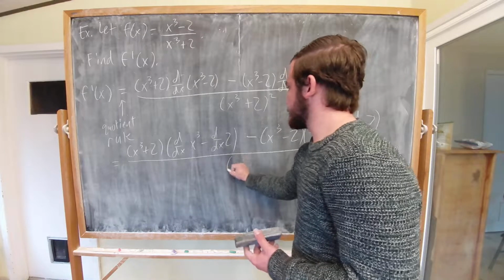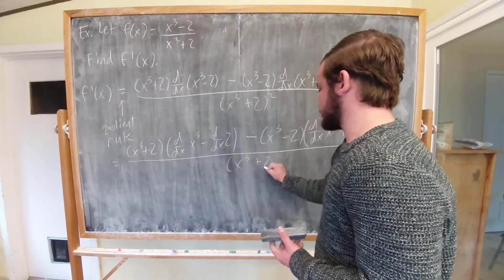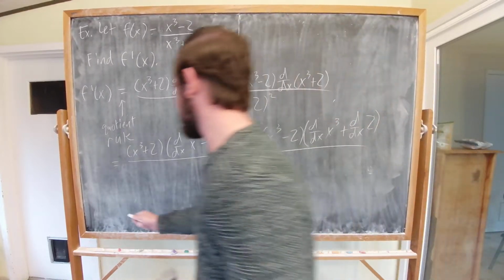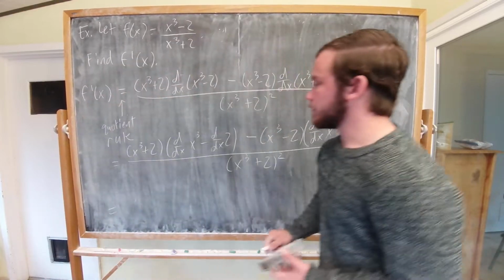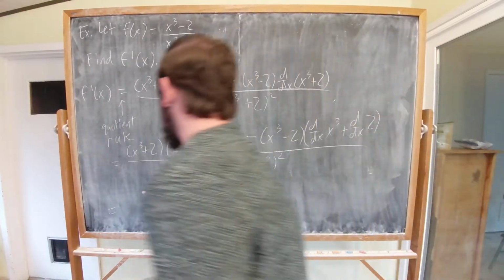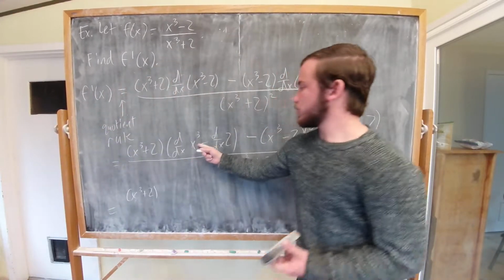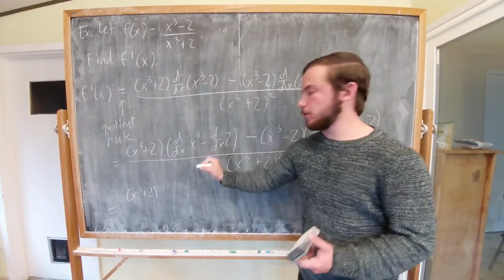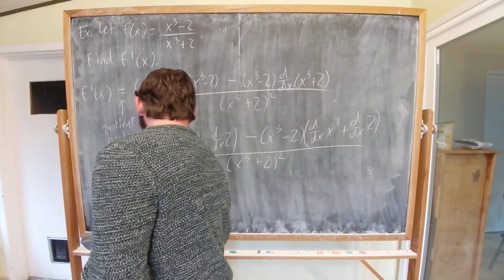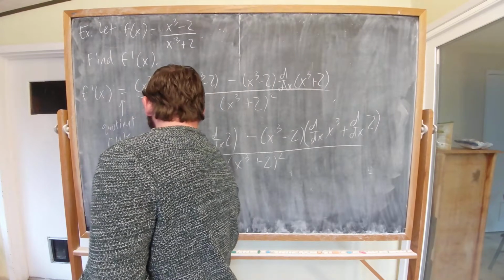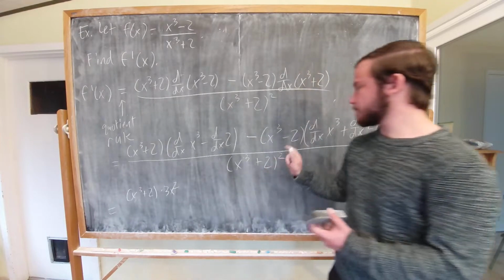All divided by x cubed plus 2 squared. Which equals x cubed plus 2. Okay, here, power rule, that goes to 0. So we're just left with 3x squared.